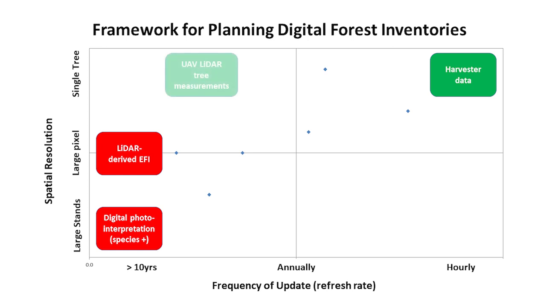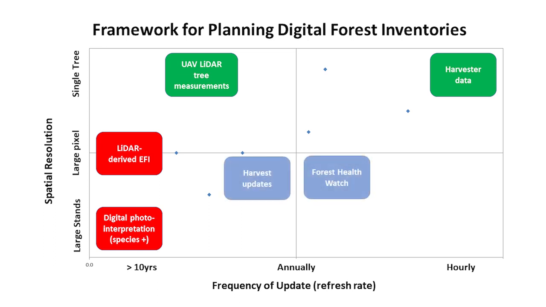At the other end, those who collect onboard computer data and collect it on a server in the cloud, you get hourly updates, and then you're at the single tree. So very, very high spatial resolution, very, very quick turnover. The bad news is you cannot collect that measurement until you cut a tree, and you don't always want to cut a tree to decide what you ought to do with that stand. So there's a bit of a pitfall there.